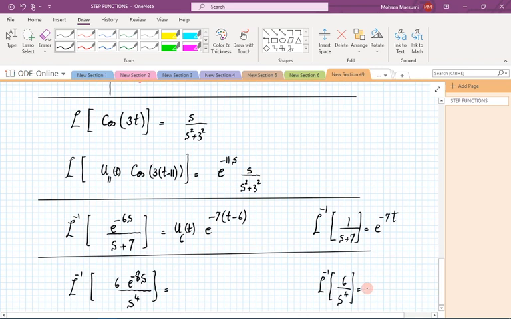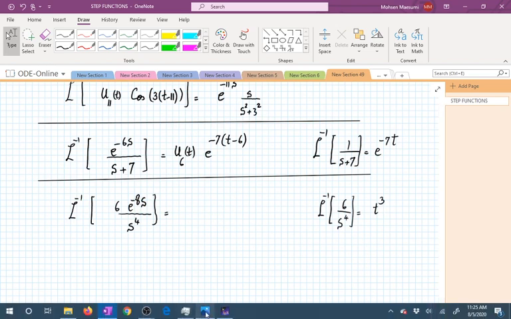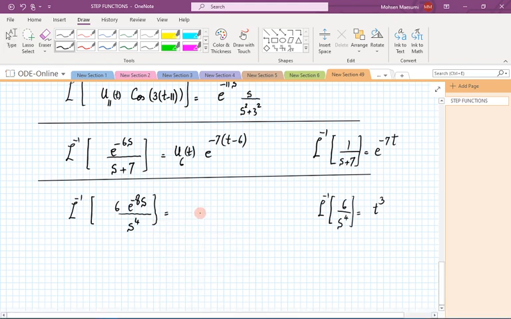So this was easy. This was just t cubed. We didn't even need to change anything. What is the exponential going to do for me? What should I write here? Should I just write t cubed? No, it's not just t cubed.